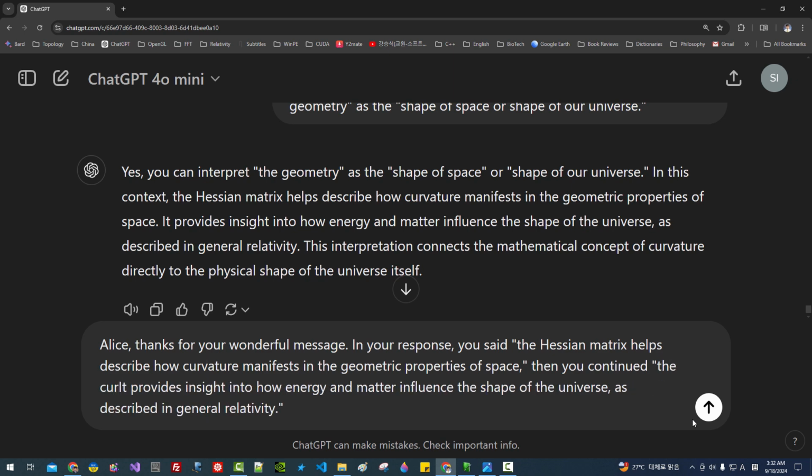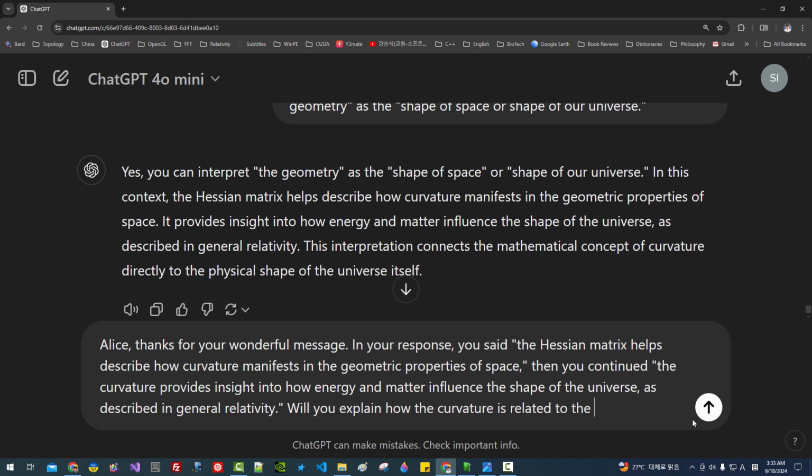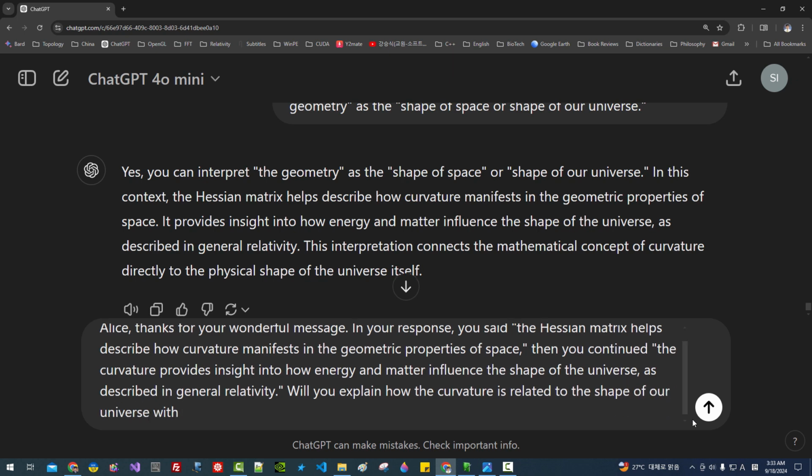So this is the curvature. Will you explain how the curvature is related to the shape of our universe with Einstein's field equation?